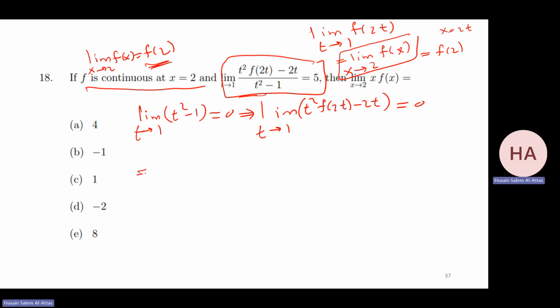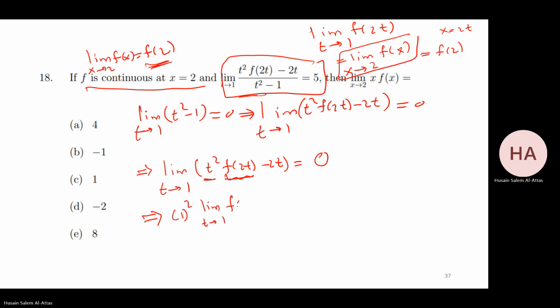So I have here, that implies the limit as t goes to 1 of t squared f of 2t minus 2t. I can distribute the limit. This limit exists. It's equal to f of 2, which exists. This one exists. So I can distribute the limit. I know this is equal to 0. I need to find this. So that implies 1 squared times this limit minus 2 equals 0.